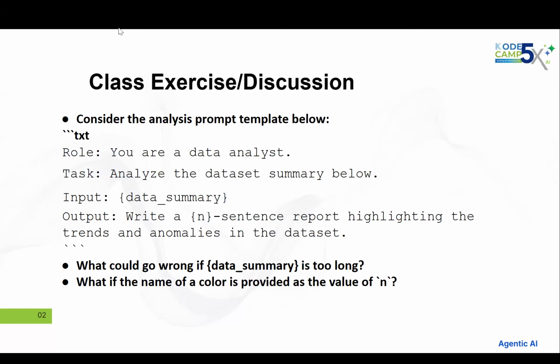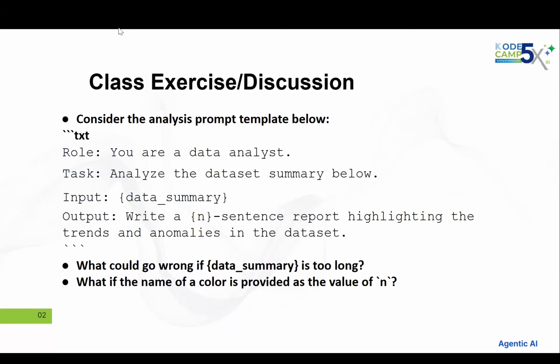And how many sentences do you get? 1, 2, 3, for 5 actually. 5 sentences. Okay. So I think it essentially ignored the n and just provided a sentence when you gave a non-number as n.